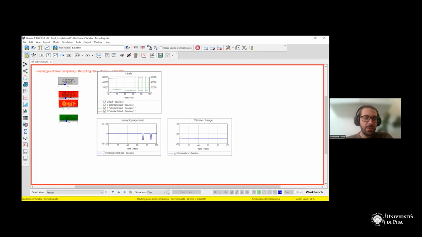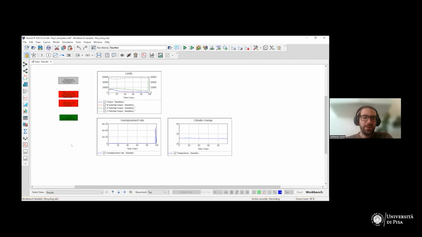But if you stop this, you just go back to what you had before. But this is very useful actually. And then you can also use a sensitivity analysis to add random shocks to specific variables and see how your simulations change after that.